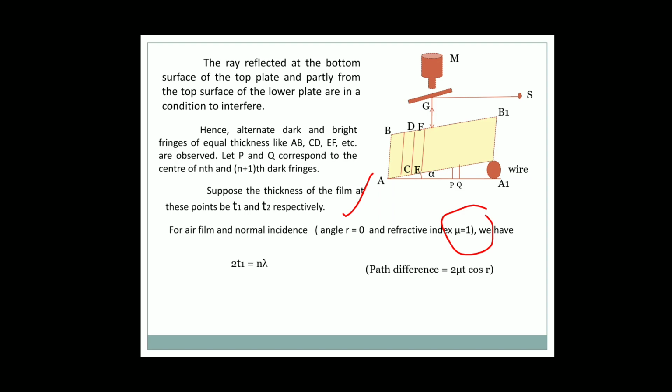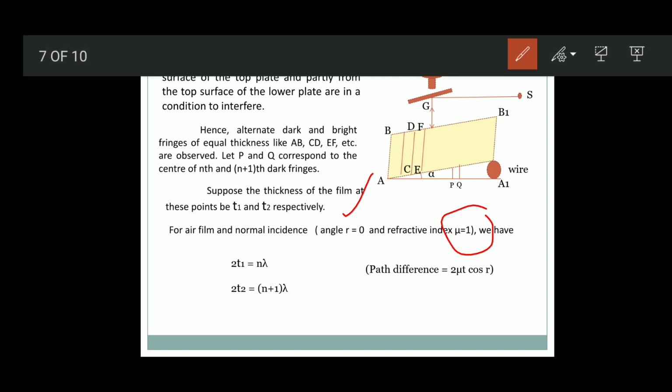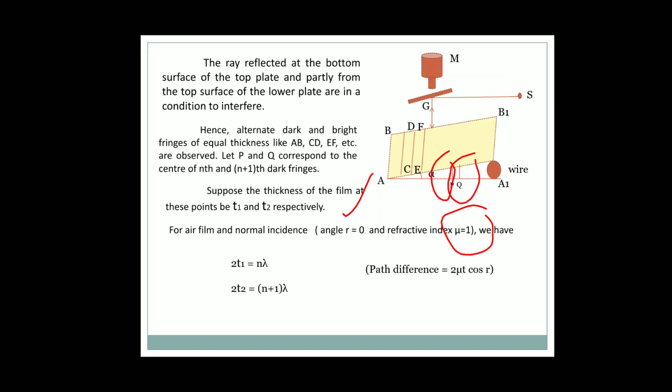So according to the path difference 2 mu t cos r, that is r is equal to 0, that is cos r is equal to 1, that is 2t1 is equal to n lambda for the nth dark fringe. Of course, for the n plus first dark fringe, that is 2t2 is equal to n plus 1 lambda, where t1 is the thickness of the air at the P dark fringe, that is nth dark fringe. T2 is the thickness of the air at the n plus first, that is at the Q dark fringe.